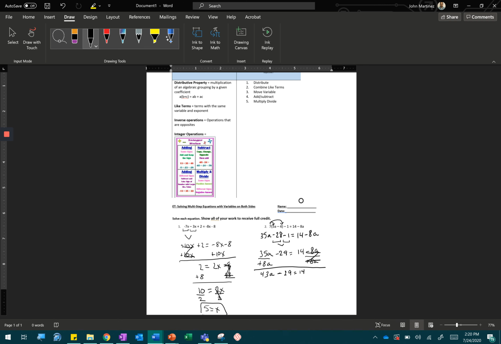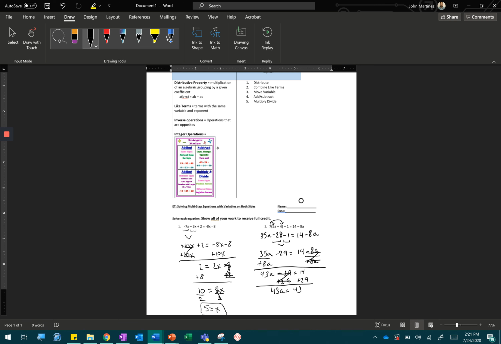Now I'm at the fourth step. I need to add or subtract. So here I'm subtracting 29, and I know that I need to apply an inverse operation. So I'm going to do the opposite of subtraction, which is addition. Negative 29 plus 29 is going to zero out, and now I have 43a is equal to 14 plus 29 is 43.